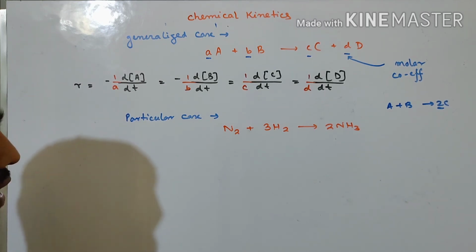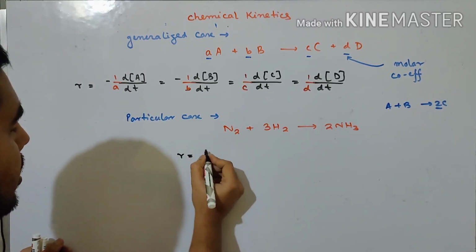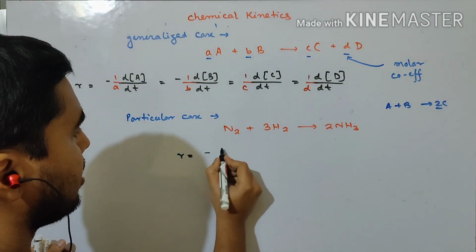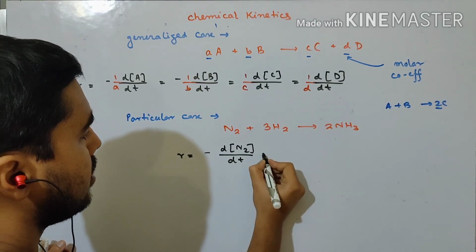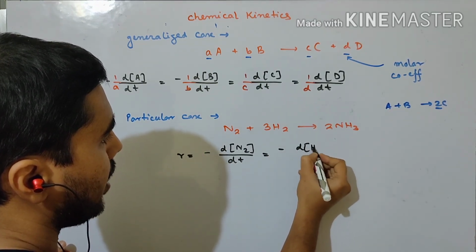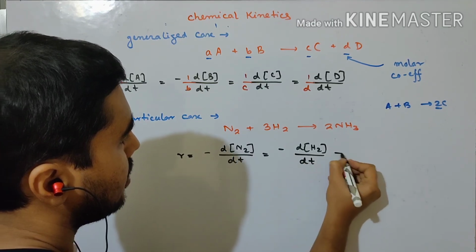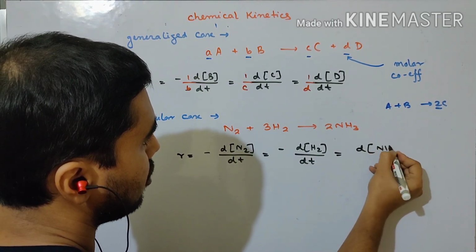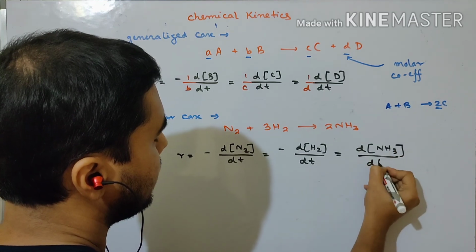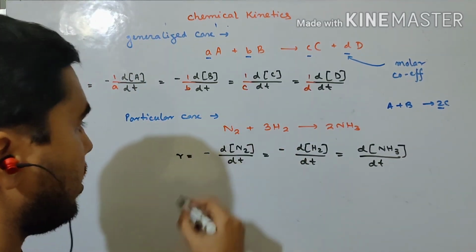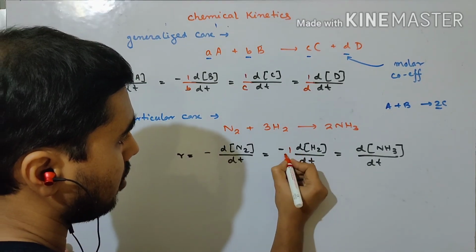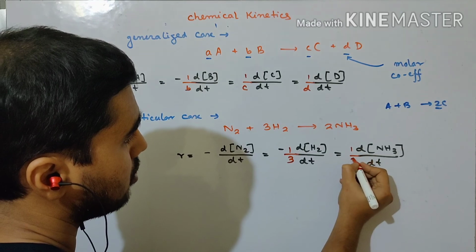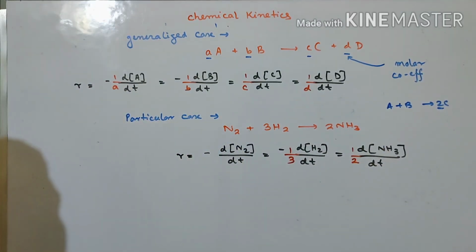So in this case, R should be minus of d of concentration of N2 by dt is equal to minus of d of concentration of H2 by dt is equal to d of concentration of ammonia by dt. Here for N2 it is only 1, but for H2 it is 1 by 3, and for ammonia it is 1 by 2. So this is how we are in a position to write down the rate.